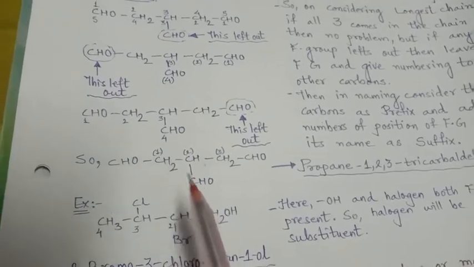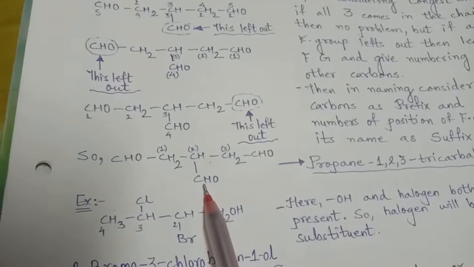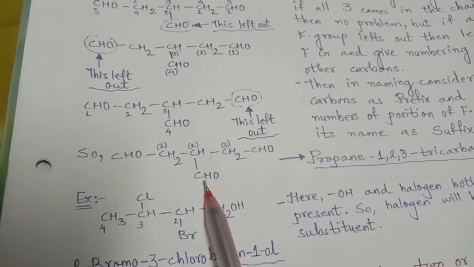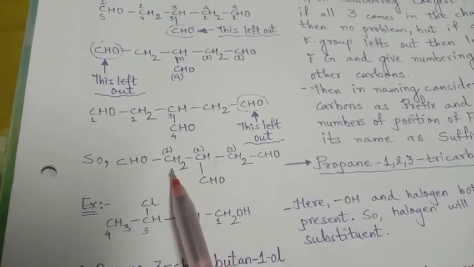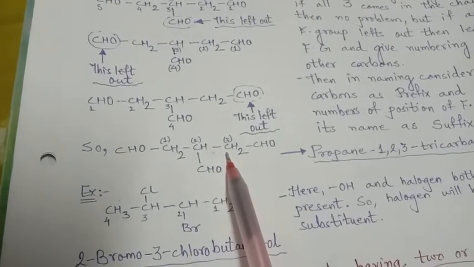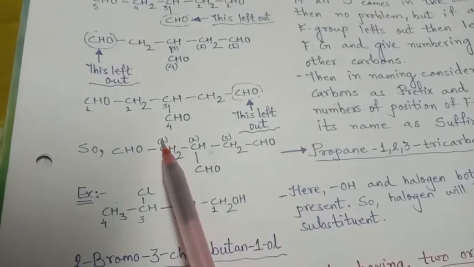Clear? If this type of thing takes place, any of the functional group is not present or it is not possible to consider in the parent chain, then leave all the groups present, and other than the groups which are the carbons, give the numbers. And on that basis, that particular numbering carbons will take prefix.